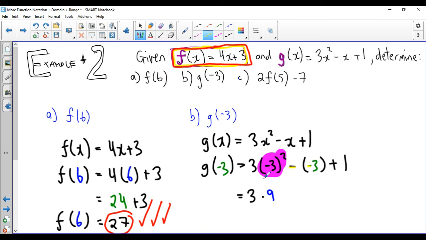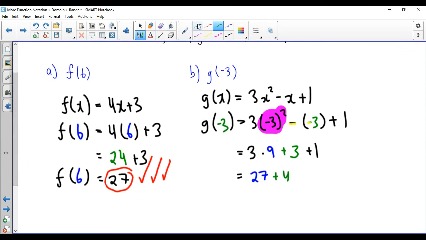The negatives cancel each other out. If I'm subtracting a negative, think of it, if I'm taking away cold temperature, then I'm warming it up. So this will be +3 plus 1, and then 3 times 9, well, that's just 27, plus 3 plus 1, that is 4. And my final answer is going to be 31.